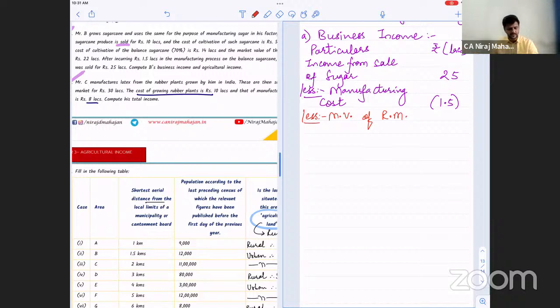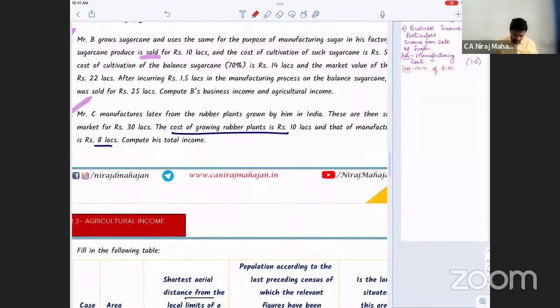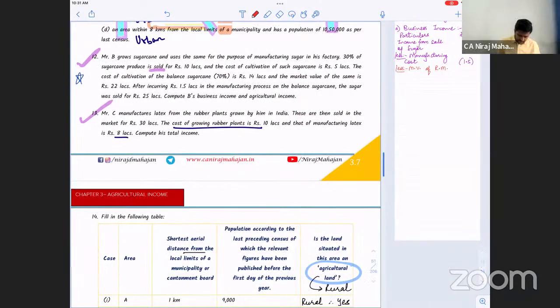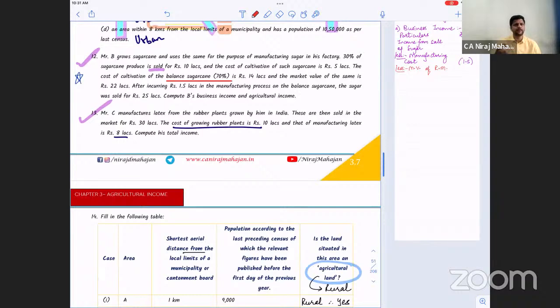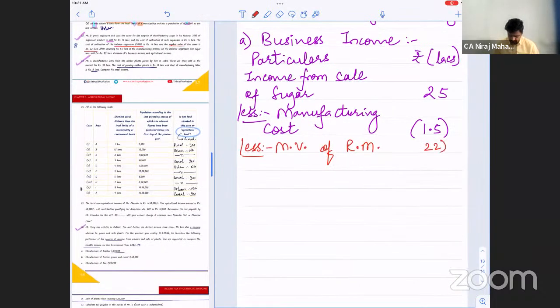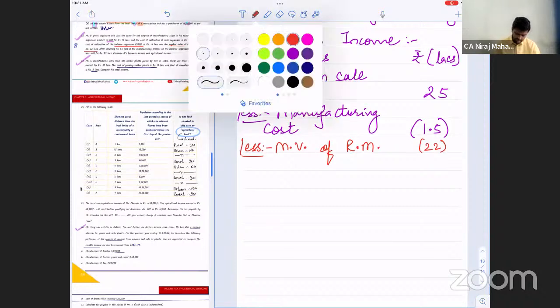We are not taking 100%. 70% of the sugarcane grown we have taken as raw material. So of this 70%, what is the market value? 22 lakhs. Very good. Cost of cultivation is 14, but of that, market value is 22 lakhs. Clear, all of you?